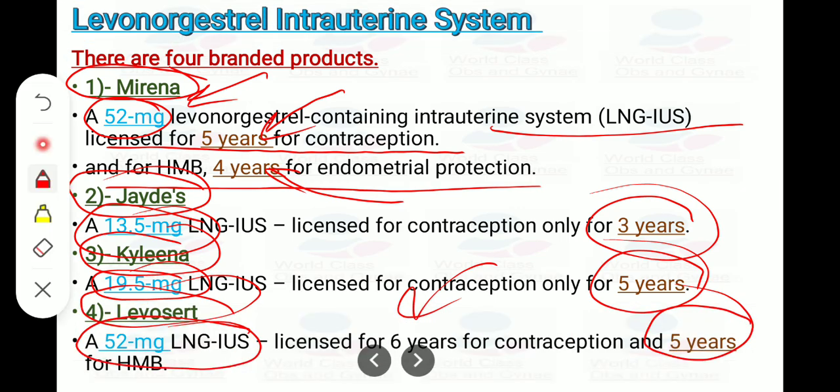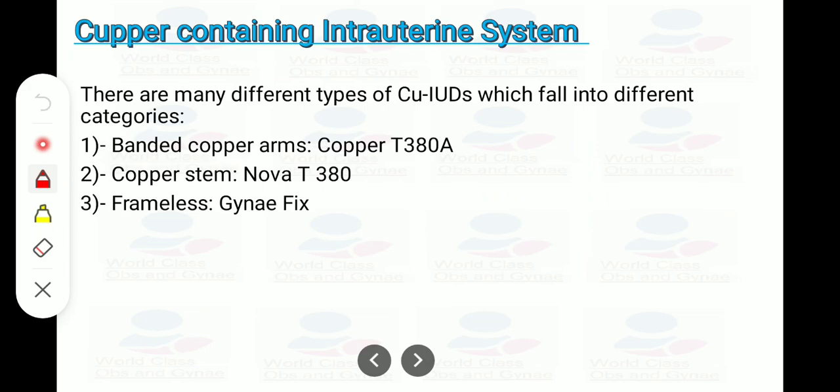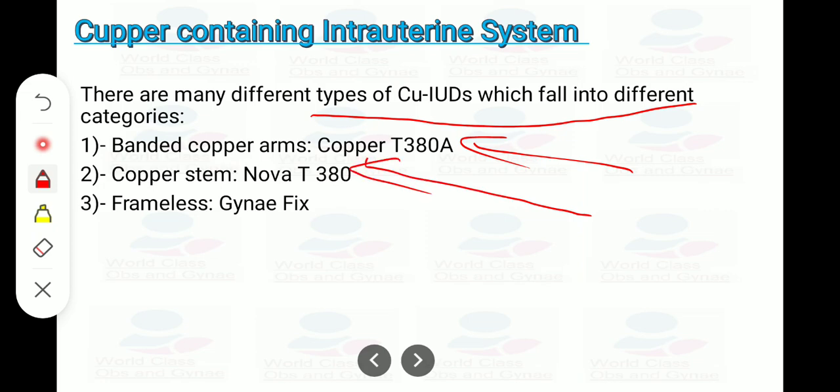And let us talk about copper containing intrauterine devices. There are many types of copper IUDs which fall into different categories, like banded copper arms and copper T380A, and we have copper stem, Nova T380, and frameless, Gynefix.